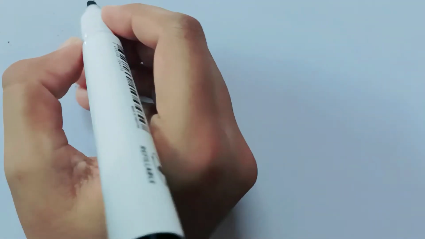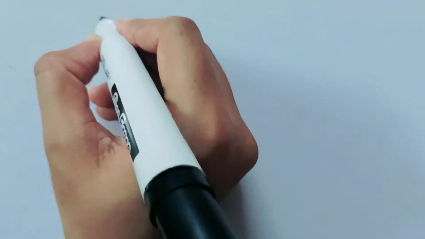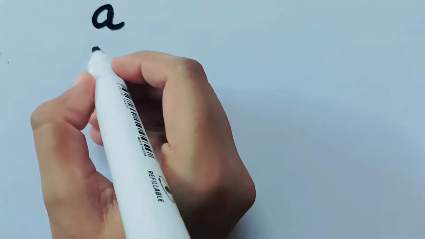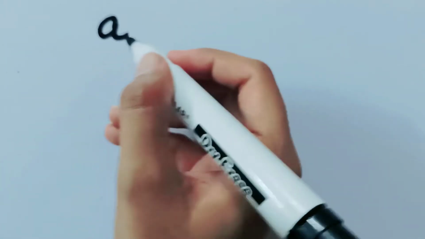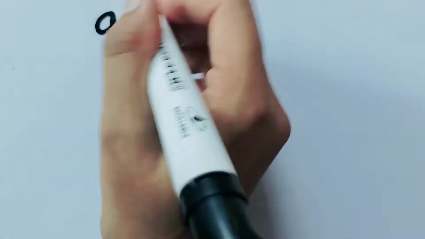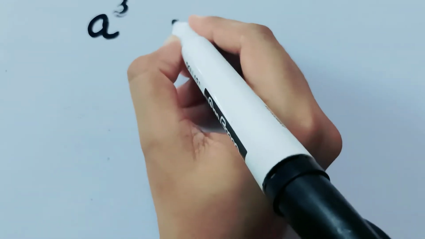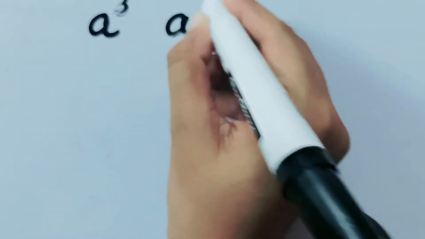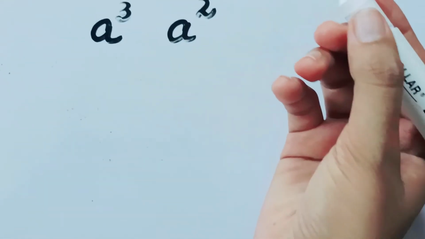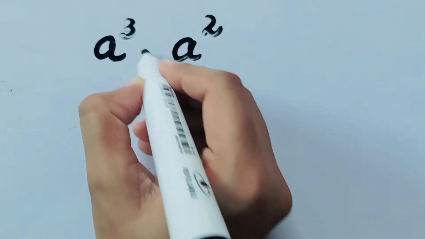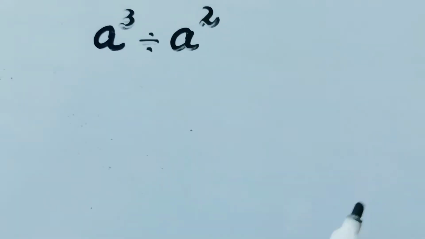Next, our third law is, if we have the same bases, like I am going to write a raised to power 3 and then a raised to power 2. Here I am going to divide my given terms.